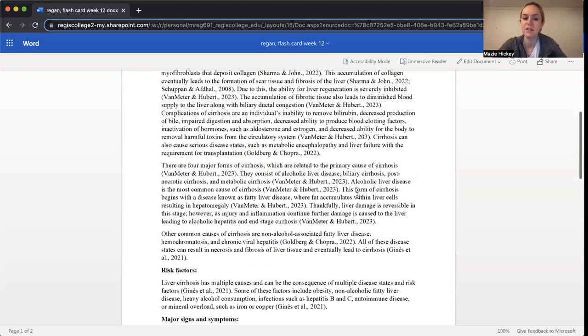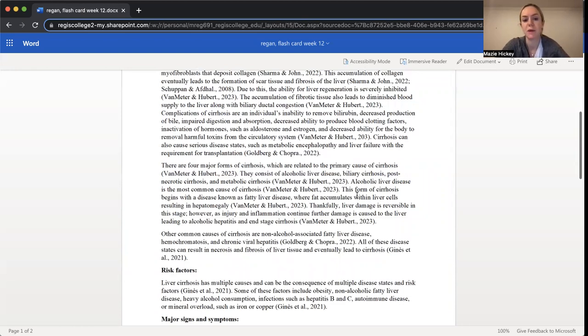Alcoholic liver disease is the most common cause of cirrhosis. This form of cirrhosis begins with a disease known as fatty liver disease, where fat accumulates within liver cells and results in hepatomegaly, so the enlarging of the liver. Thankfully, at this stage, liver damage can be reversed.